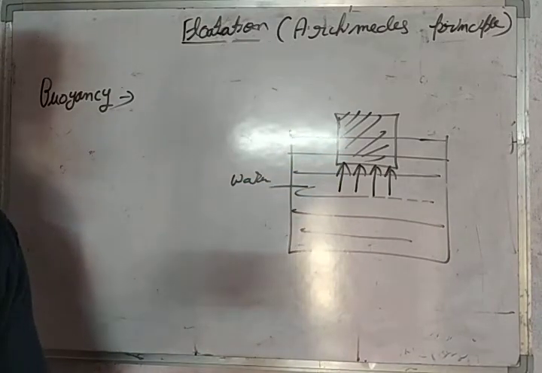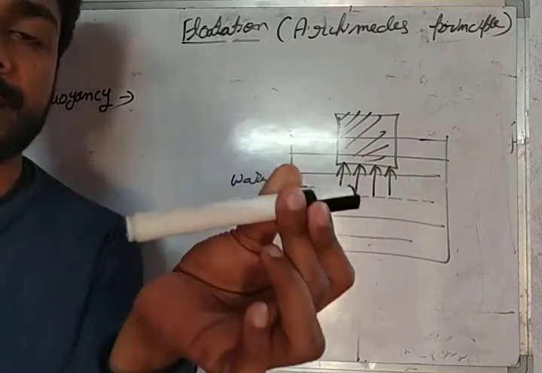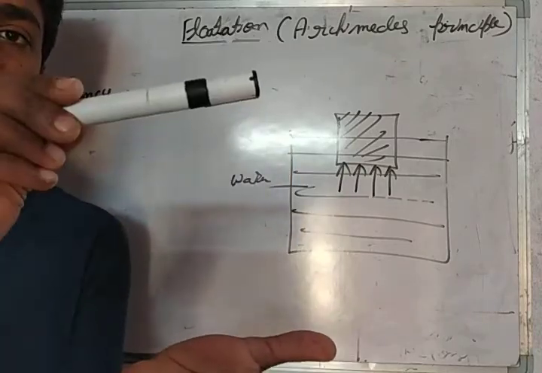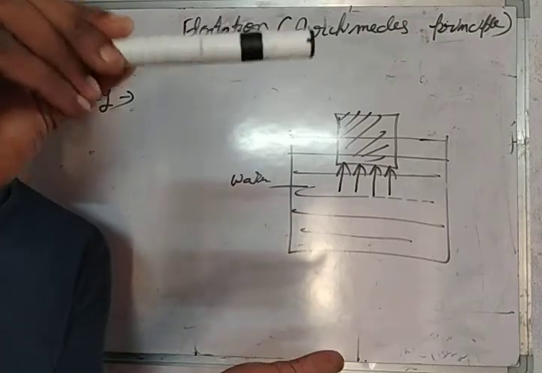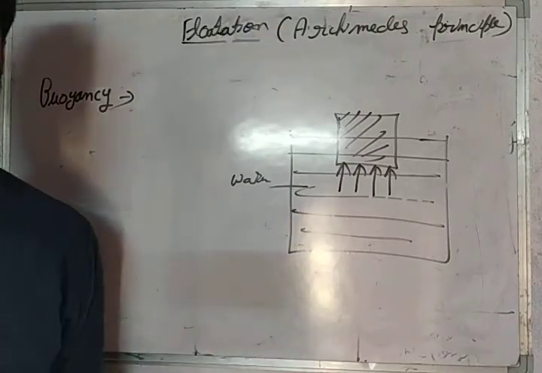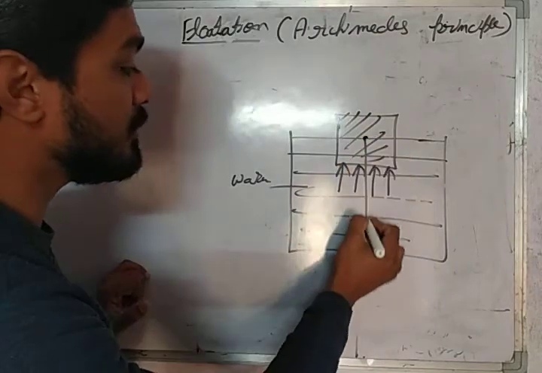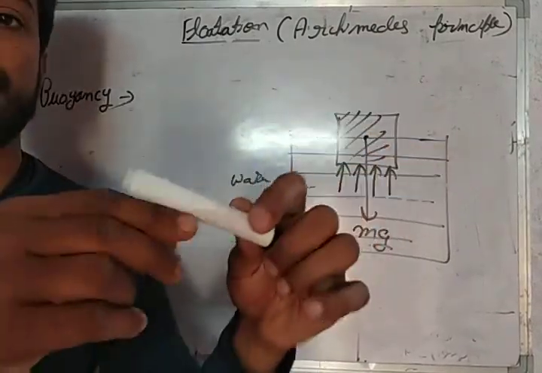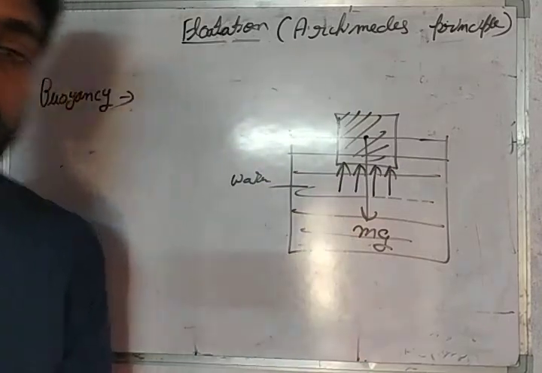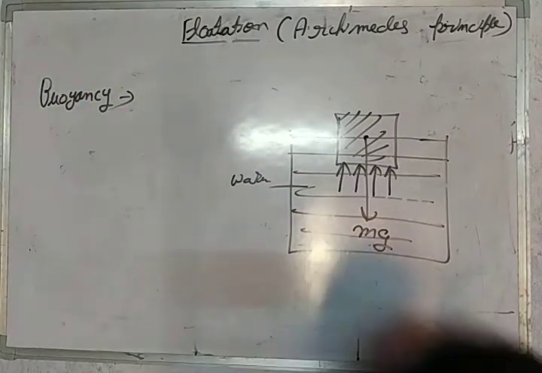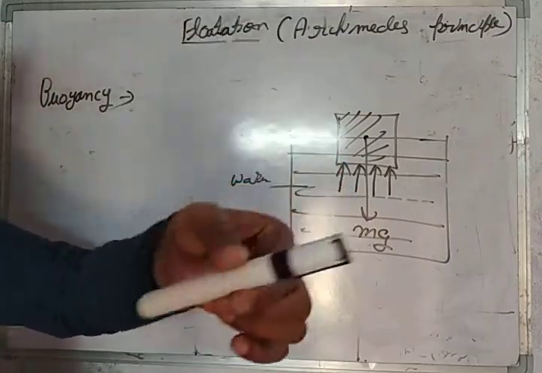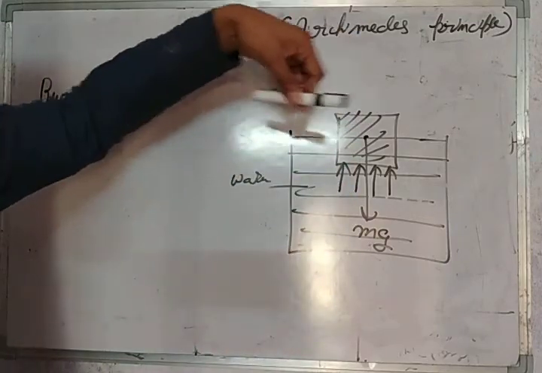Suppose I have this plastic pen, and if I release it, what happens? It falls down. It goes in the downward direction because of its weight mg. But what happens if we place this marker or pen on the surface of water? It starts to float.